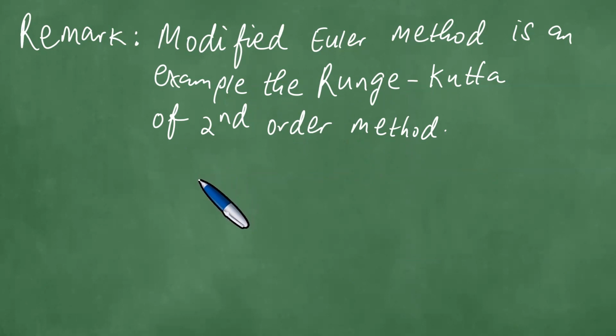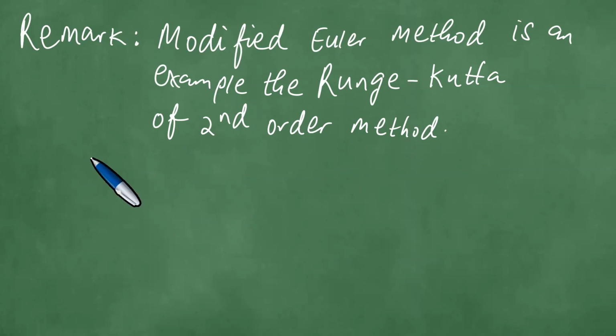Because we have Runge-Kutta of multiple orders. Runge-Kutta of order 1 is called Euler. Runge-Kutta of order 2 is the modified Euler. And then there's Runge-Kutta of order 3 and order 4, which we're going to discuss.